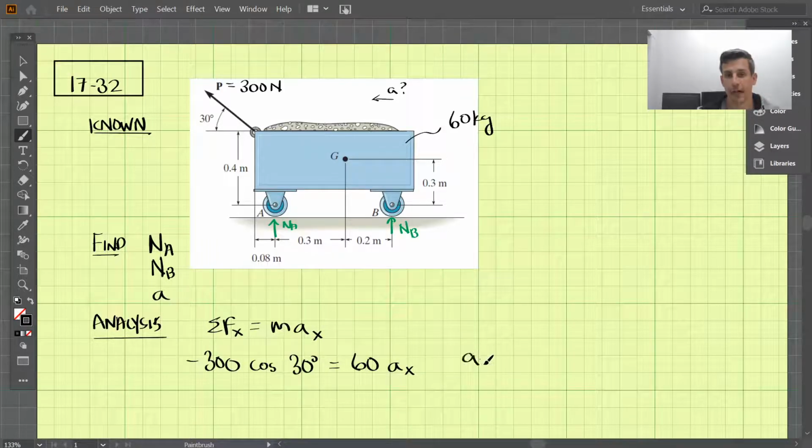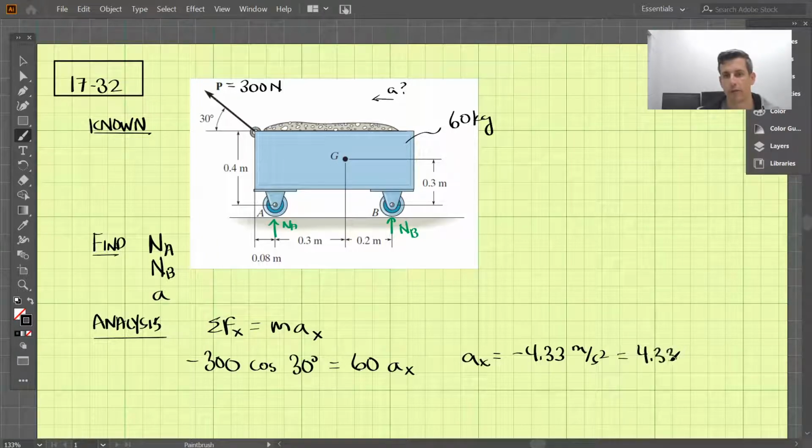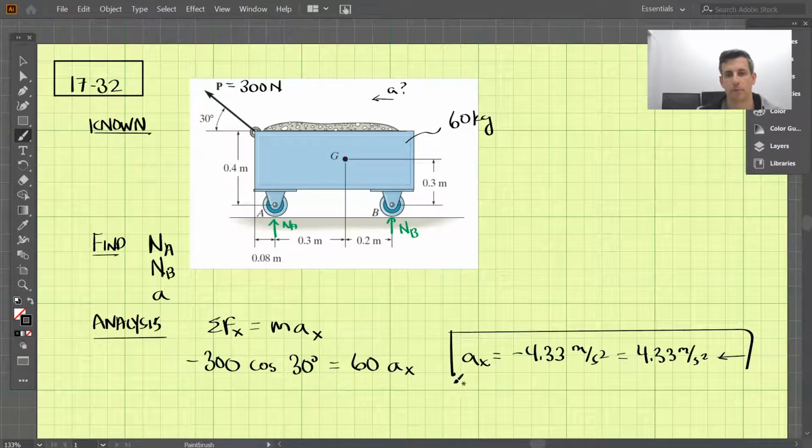So we get a_x is equal to negative 4.33 meters per second squared, which is 4.33 meters per second squared to the left. So that's one of our answers for this problem.